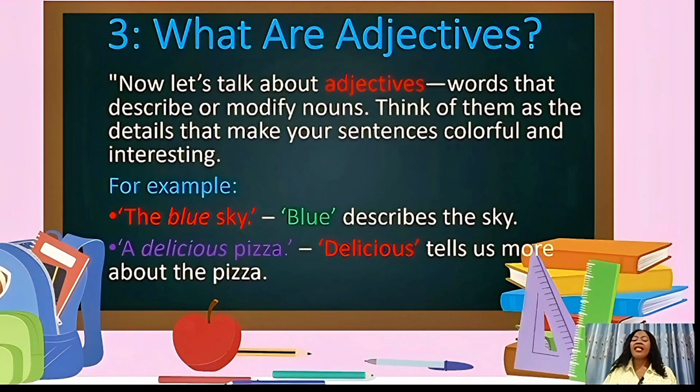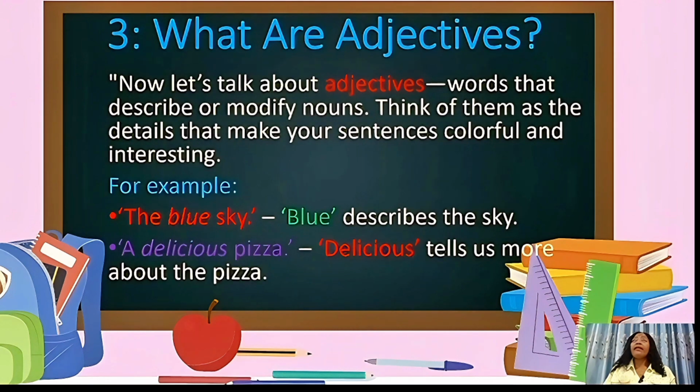Think of them as the details that make your sentence colorful and interesting. When you are describing something, you give vivid details using adjectives. They make your sentences interesting because they give the details in that sentence.